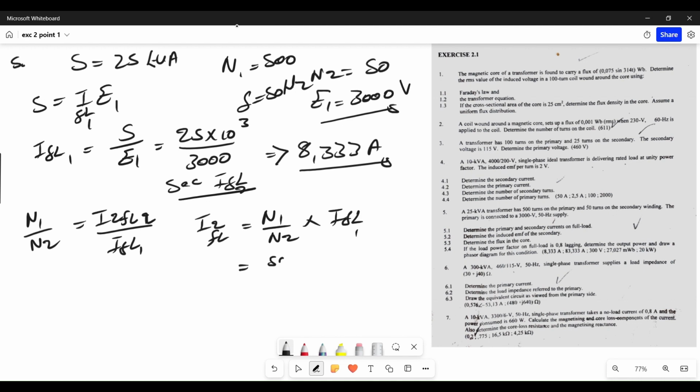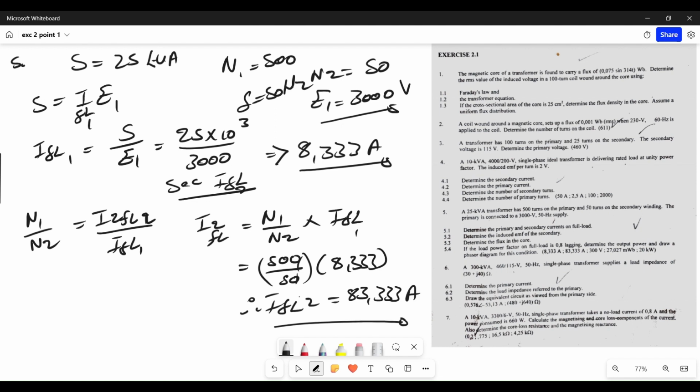So we have 500 over 50 times 8.333. Therefore I full load 2 is equal to 83.333 amperes.